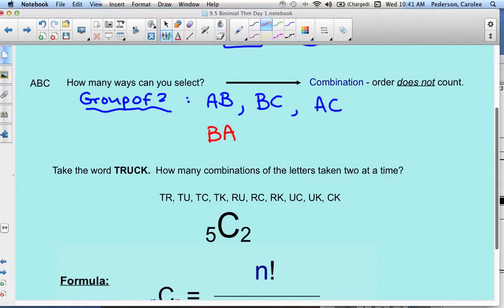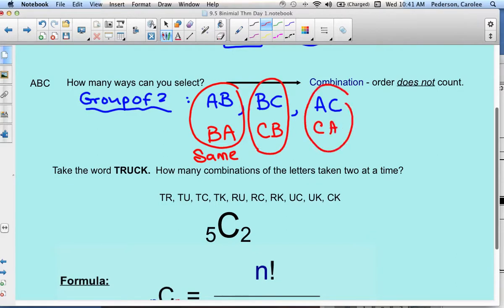They are the same group. So that counts as 1. If I had CB, they count the same. And the same thing with CA. They count the same. So how many ways can I choose combinations where order does not matter? This is the definition. I only have a total of 3.